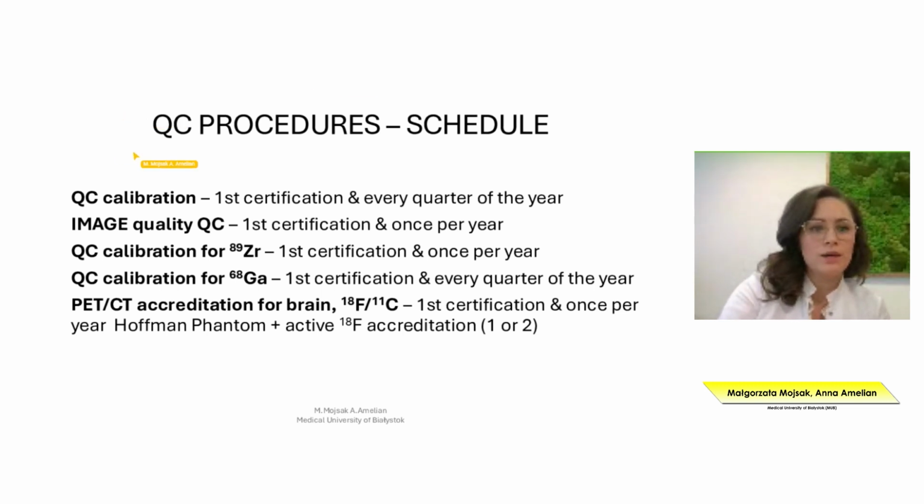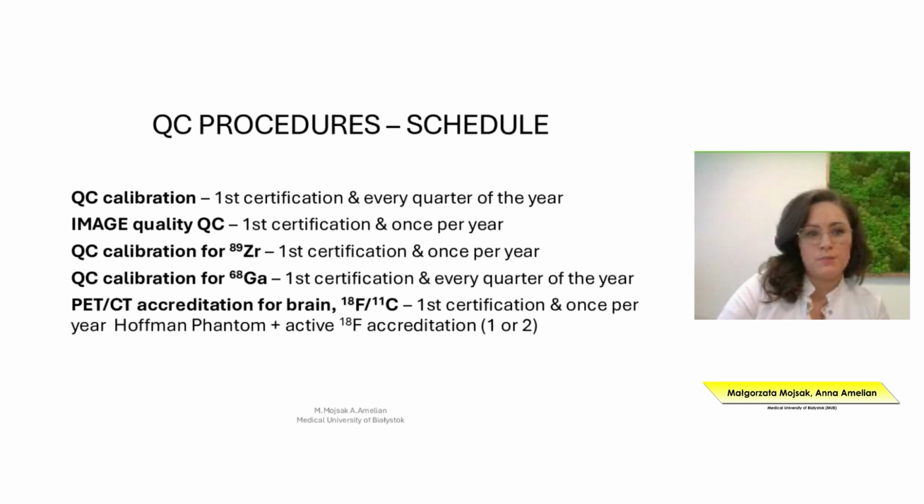Here you can see the whole schedule for QC procedures. For the quality calibration, we need to send the cylindric phantom when we apply for the certificate, and then once a quarter, so 4 times a year. If we have the NEMA body phantom, we need to send the image when we apply for certification, and then once a year.